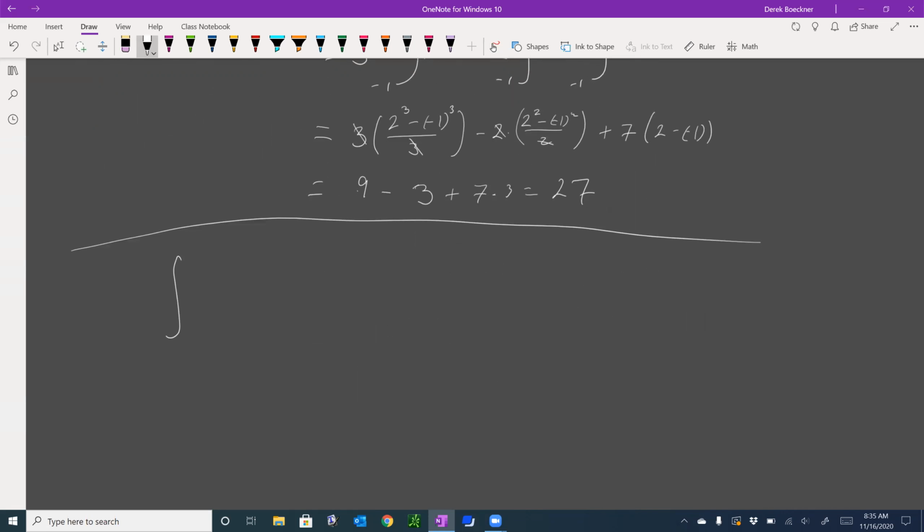Do the integral from 2 to 1 of 1 minus t over 2 dt. What should we do with this? We'll split it up. First thing I'm going to do is write a minus sign, and then I'm going to integrate from 1 to 2 instead of 2 to 1.